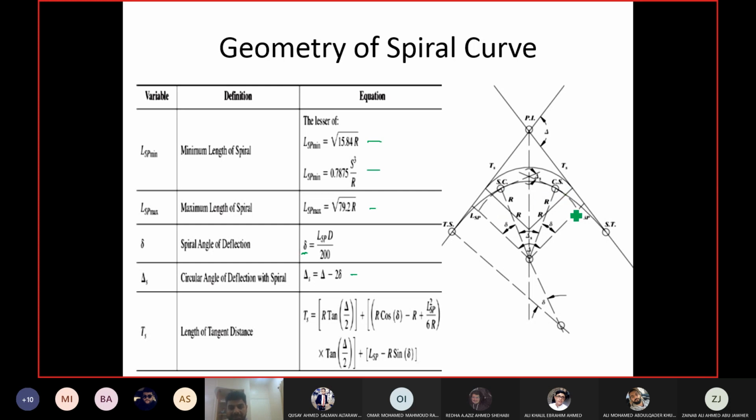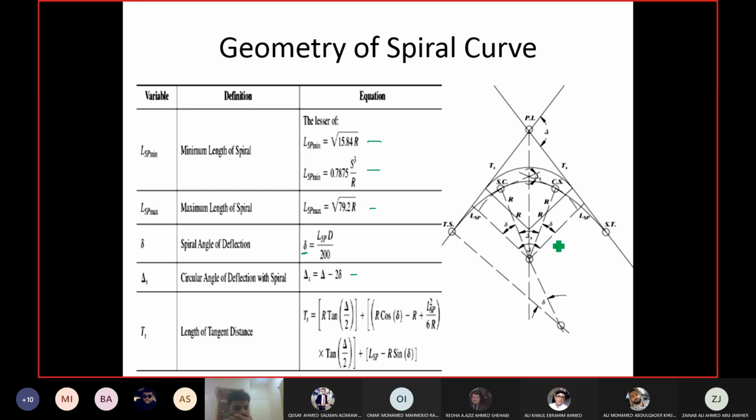If it was meeting the tangent, that means without a spiral curve, then capital delta is the angle of the curve, which is the angle of intersection of the tangents as well. But in this case, the angle of the horizontal curve will be less, because some part of capital delta is already covered by the spiral transition curve. Some part is covered at the start and some part is covered at the end as well.